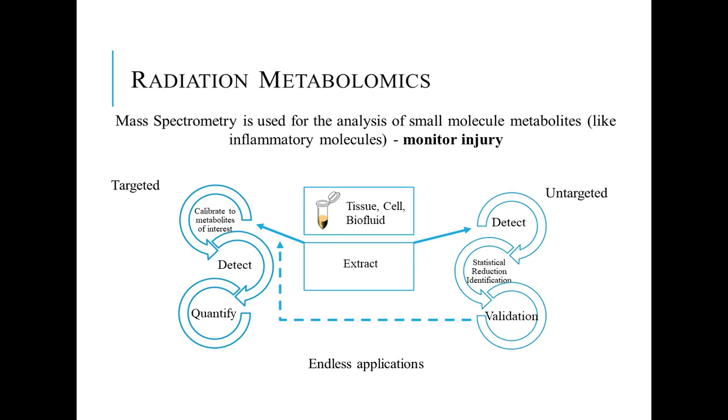So metabolomics has endless applications. In this case, we usually do untargeted techniques to start with, just to look at what's happening in the cell. And then from there, we move to the targeted approach, in which now we have an idea of what we're interested in, and so we target and quantify those small molecules in the cell.